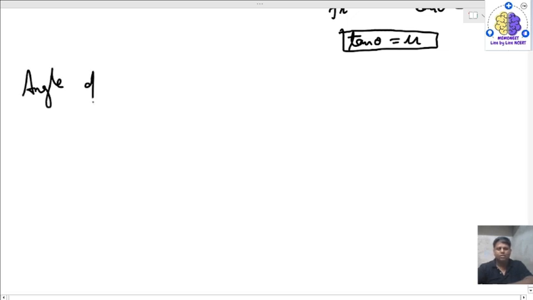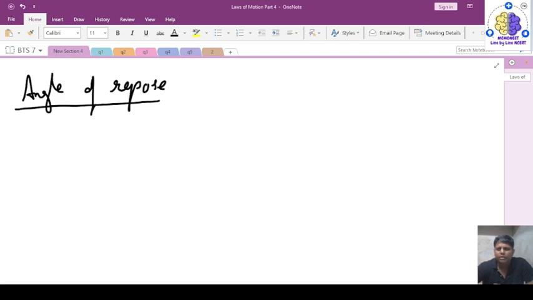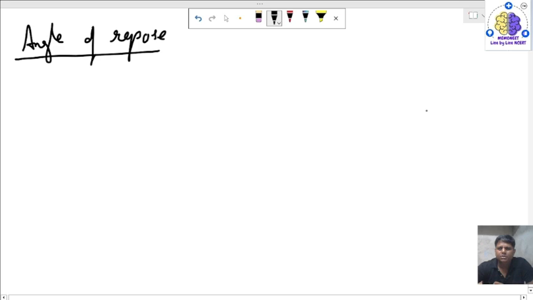Now the next thing we are supposed to know is the angle of repose. To understand it, let's draw an inclined plane. Suppose there is an inclined plane with angle of inclination theta and a block placed on the surface.